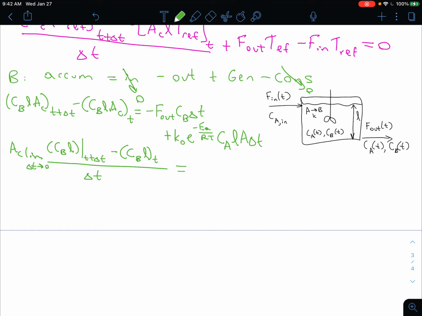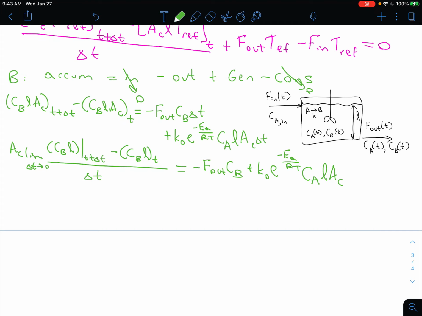And this is going to equal minus F out CB, and then plus k naught e to the minus Ea over RT, CA L. And I think I forgot the A_c, the subscript c, in the earlier line.